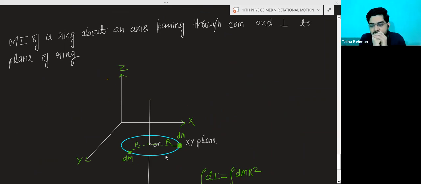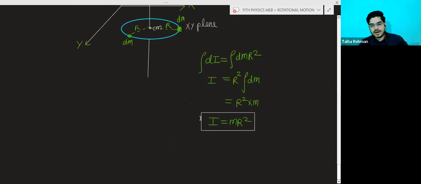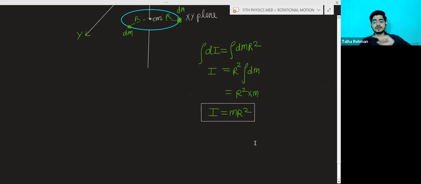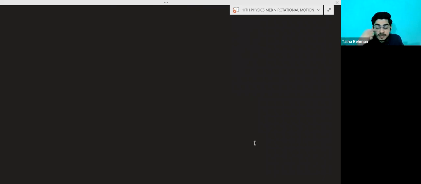It will have only length, 2 pi r. So we find the moment of inertia of the ring as mr square. Now there is another object, a two-dimensional object, the disk.